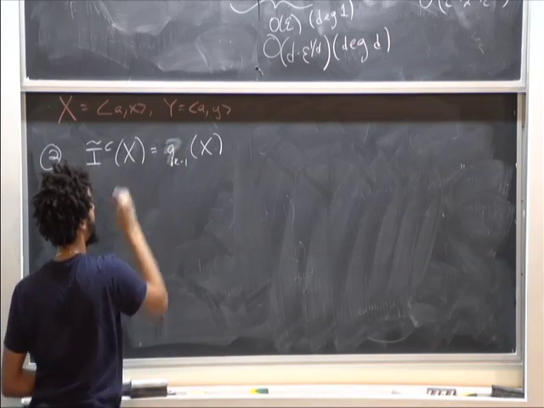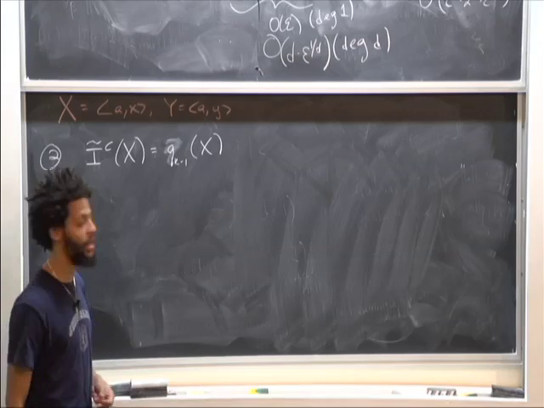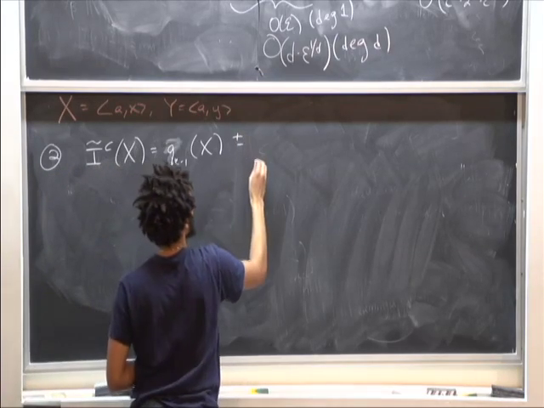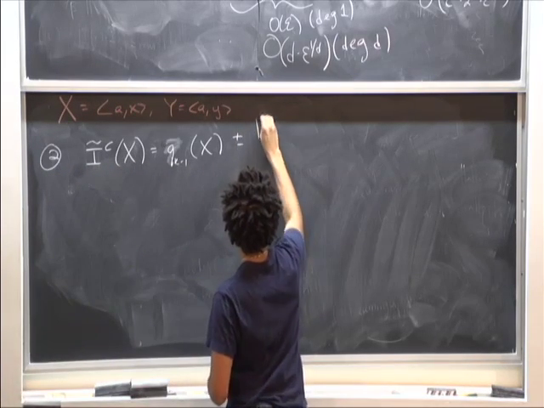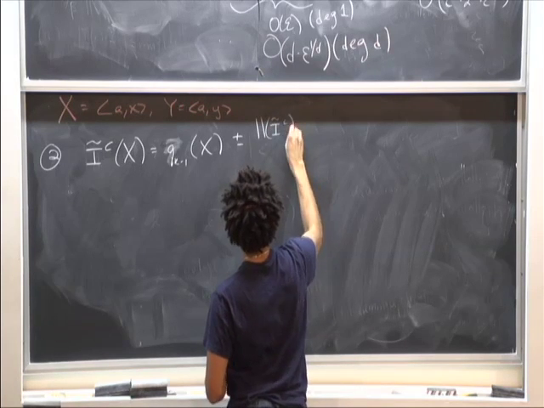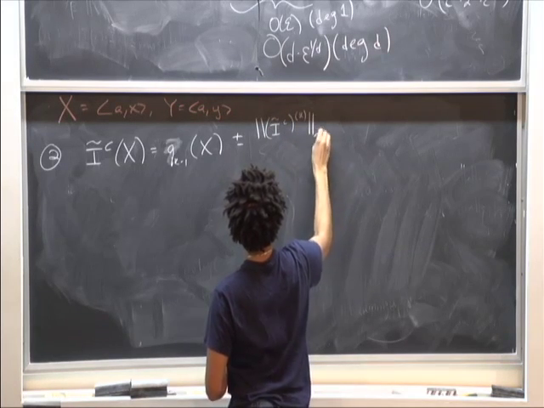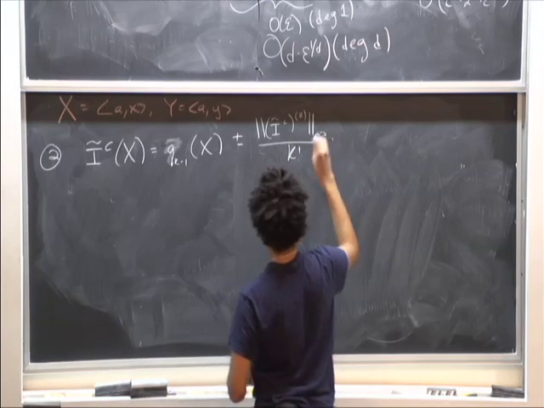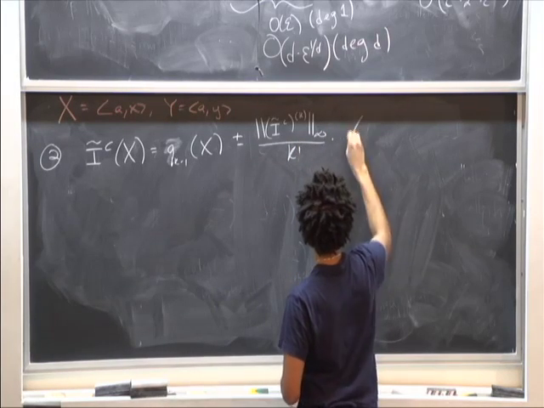So let me just write it. Some degree k minus 1 polynomial evaluated at capital X plus or minus an error term, which is at most derivative bound over k factorial times x to the k.